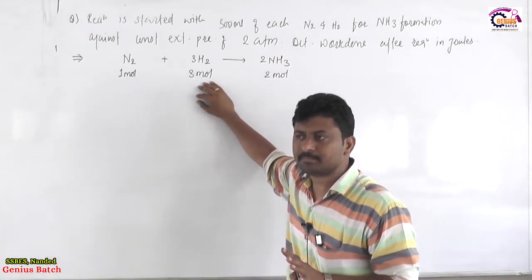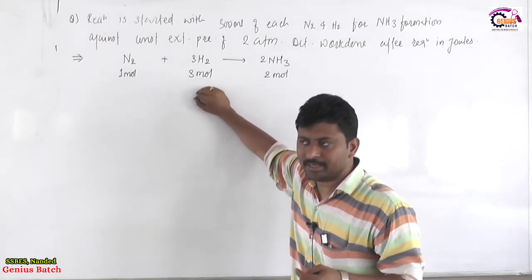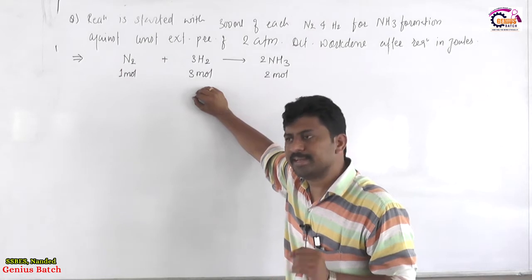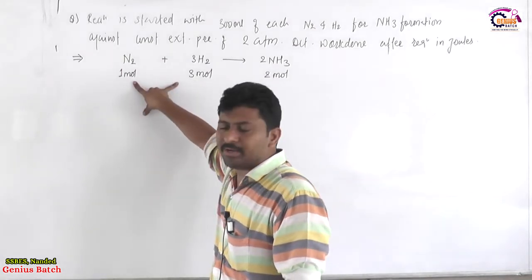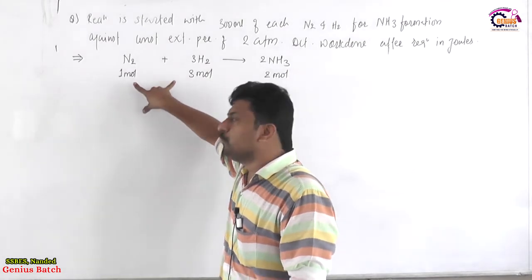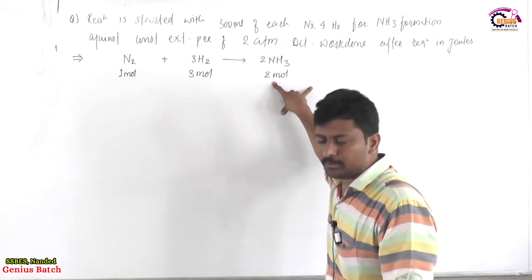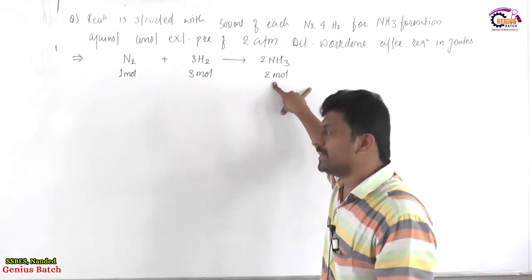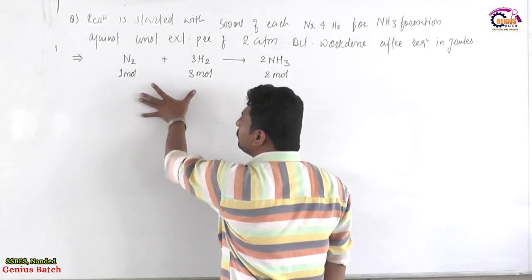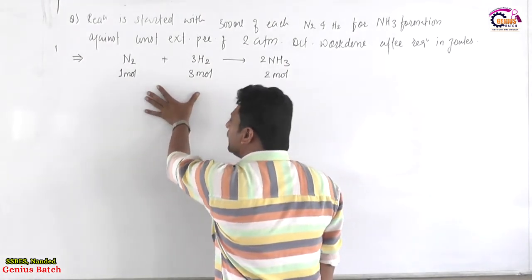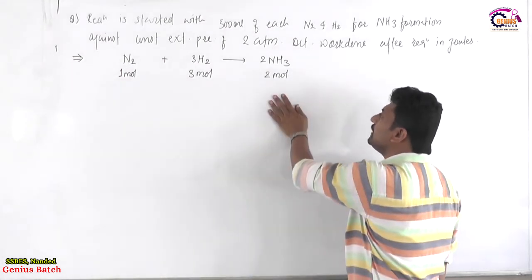Make it clear, 1:3 means hydrogen is required 3 times greater. Next, 1 plus 3, total 4 moles of reactant convert into 2 moles of product. This means if we combine 10 plus 30, total 40 ml of reactant, this 40 ml reactant will result in 20 ml product only.